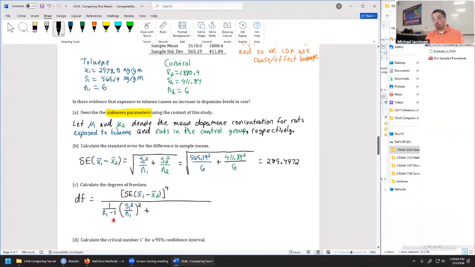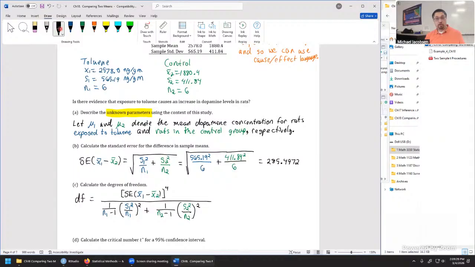There will be N2 and S2 everywhere. So it's going to be 1 over N2 minus 1 divided by S2 squared over N2 squared. So there's our whole formula.